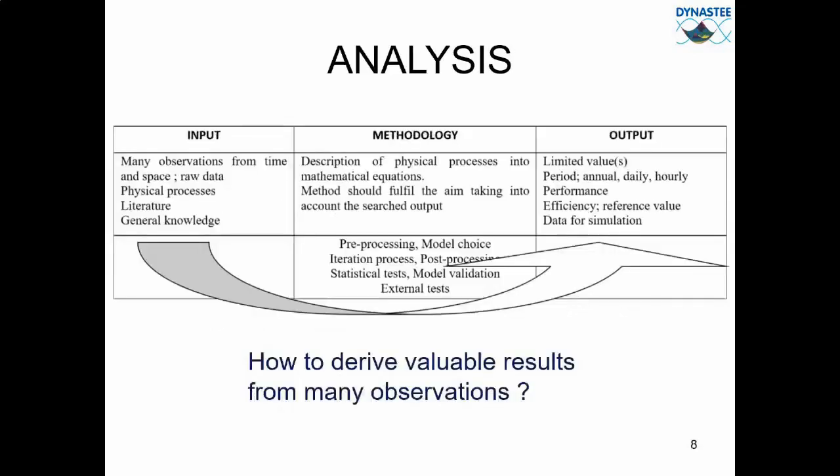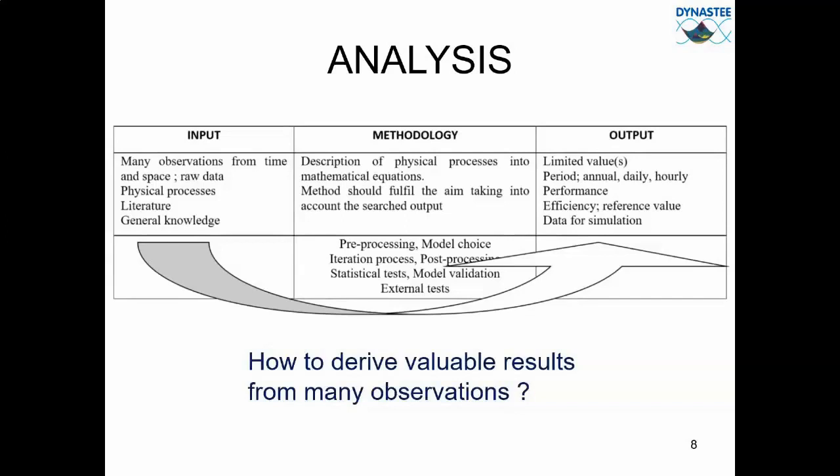We have also said that what you are in fact dealing with is a huge number of observations, and they are coming from time series, so it's a long period of time with a huge number of sensors that are supposed to describe or measure the physical processes.